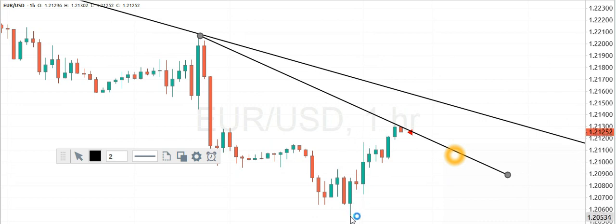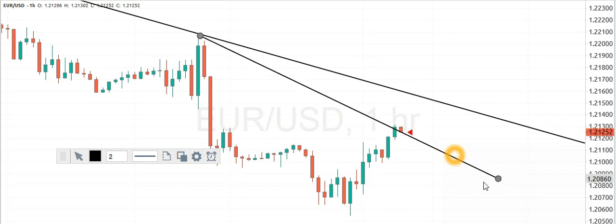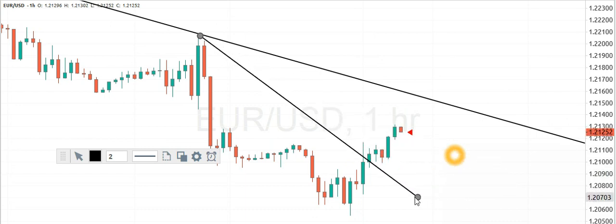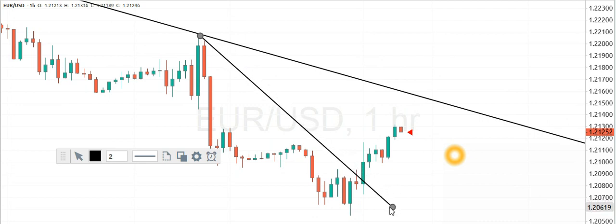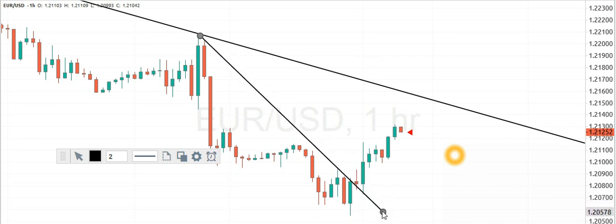Now, this was the lowest point down here, not this candle here. So my trend line, especially my inner trend line, has to be drawn with respect to the lowest point, which would be right here, because this is the lowest candle.